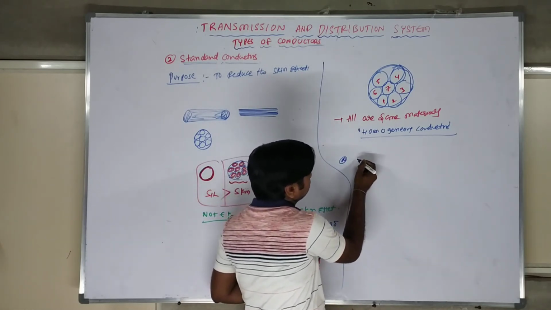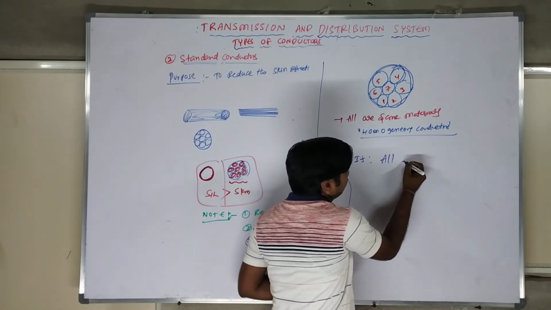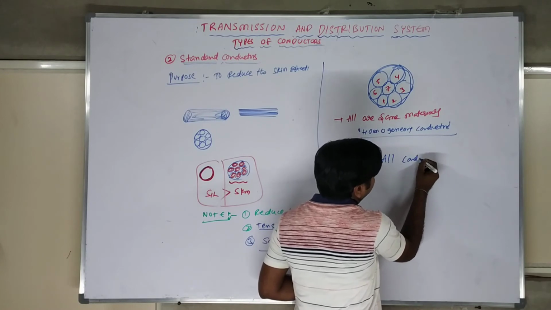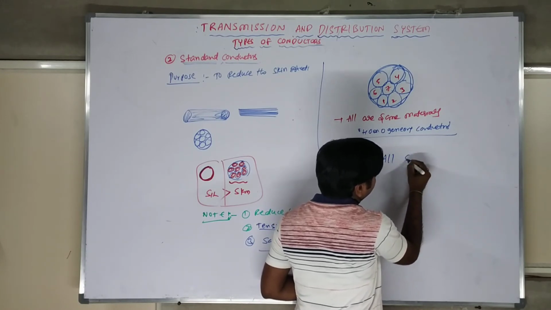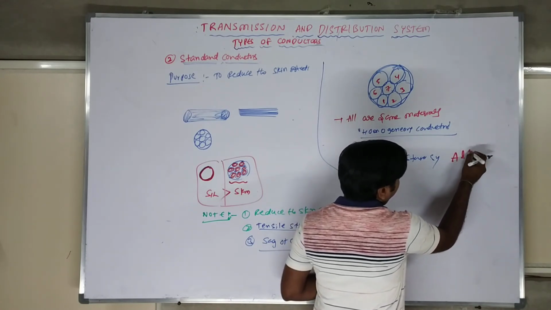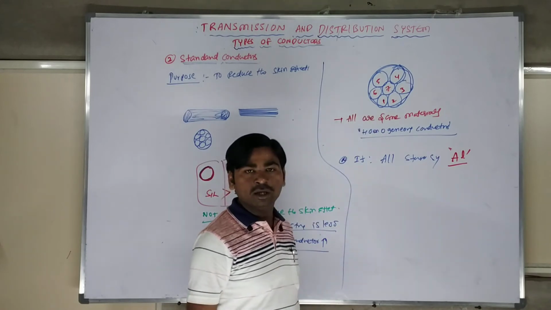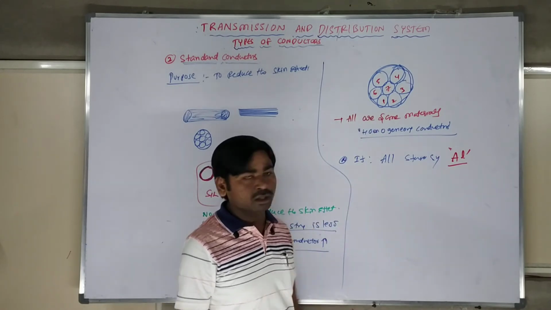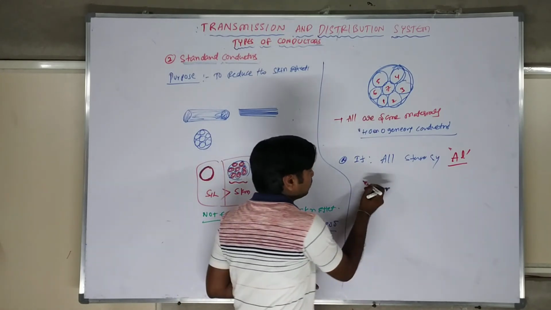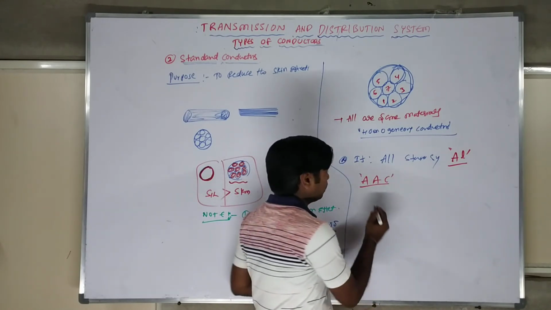If you use all strands made of aluminium, of the same material, such a type of conductor is called AAC, all aluminium conductors.